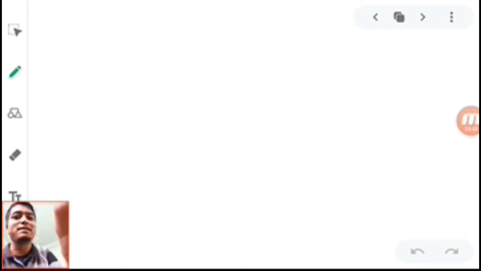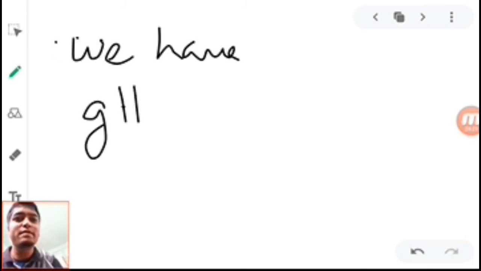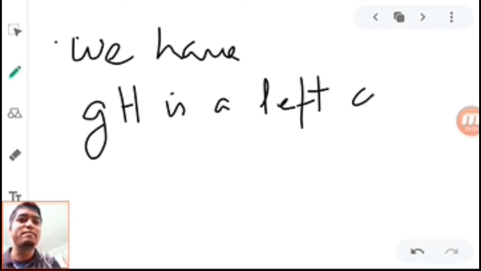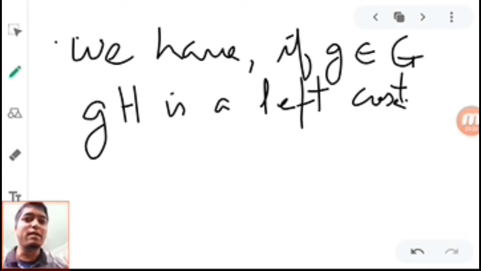So let's see. We have gH is a left coset, provided g belongs to G. All right, so what do we have from the given statement? The given statement says that every left coset is a right coset.